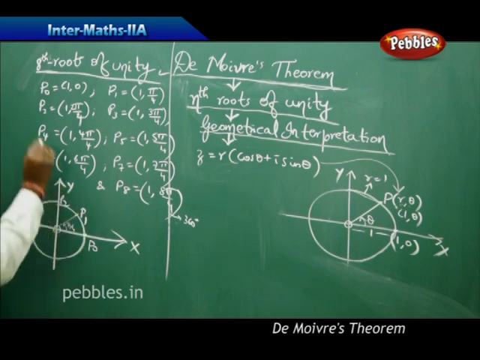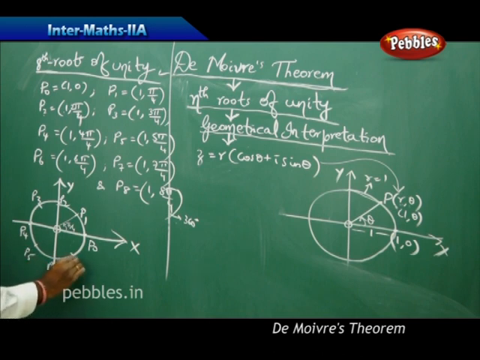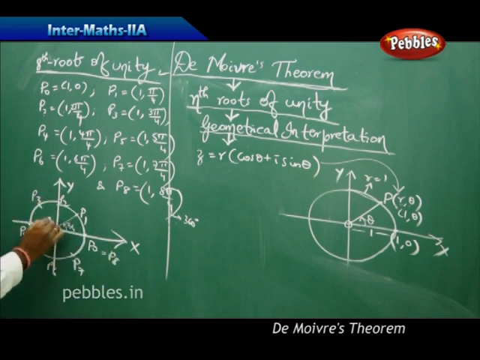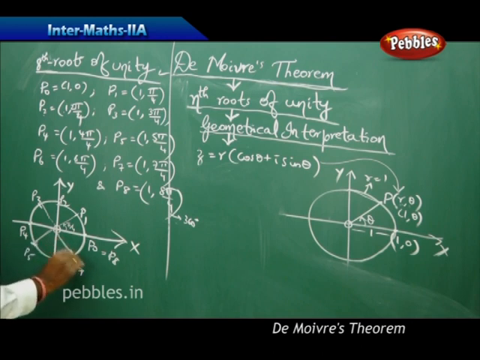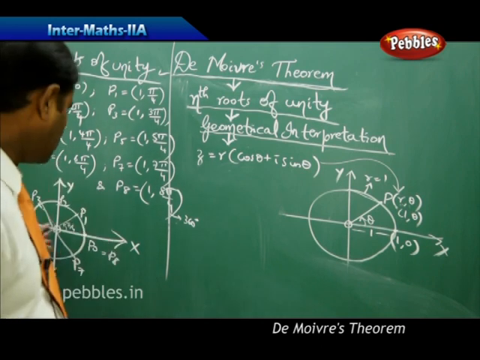Then this is p2, which is 1 2 pi by 4, and then here comes p3, p4, p5, p6, p7, and this is also p8. This is how we get all the 8 nth roots of unity on the unit circle.